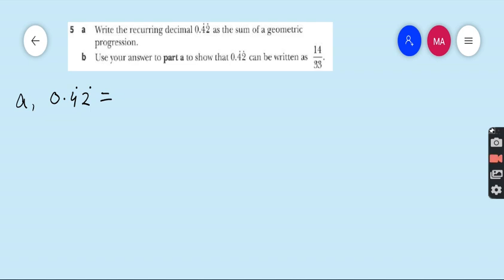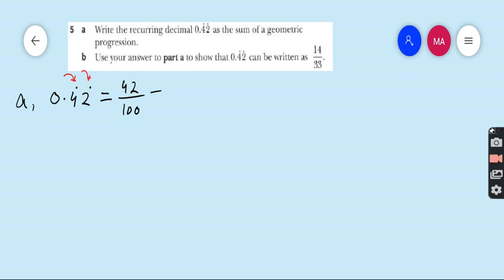Students, focus on these two dots. 0.42 with the dot on 4 and the dot on 2 means the first term of the sequence is 42 upon 100. Why? Because the place value is hundredths. So it is called a recurring decimal.